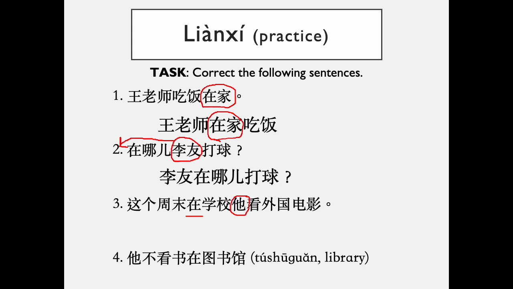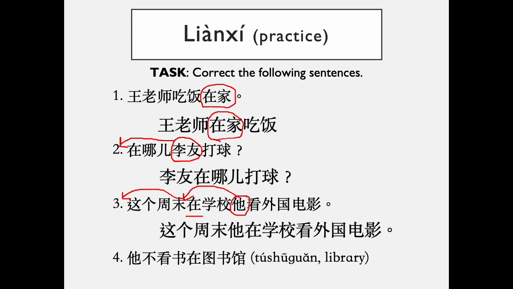And we know that if we're using 在 plus a place, the subject has to come before it. So we could put the subject here, or we could even, if we wanted to, put the subject up front. Both would be okay. So a correct way of stating this sentence would be 这个周末他在学校看外国电影.